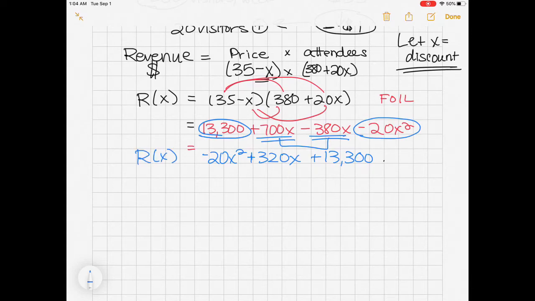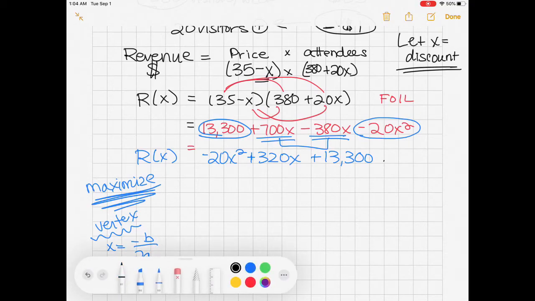So here we go. We know our function for all of this revenue is this. Remember, we want to maximize it. So what are we really wanting to find? What piece of information would tell us where the maximum is? If you said vertex, you're right. For the vertex, we know the x coordinate equals negative b over 2a.